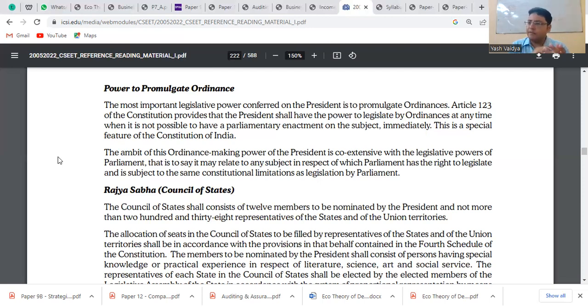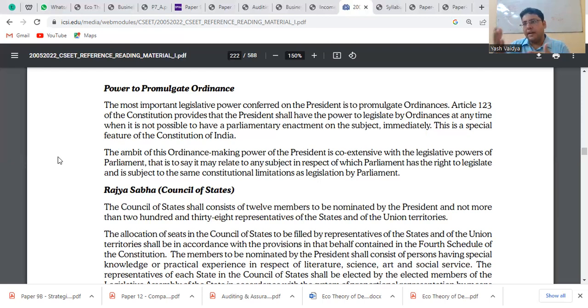So what will the President do? He will sign the ordinance, and that process of signing the ordinance is called promulgation of the ordinance. So he will proclaim the ordinance, and that ordinance will become law. But you have to understand one thing here. This is just a temporary machinery, because that law has not yet been passed by the Parliament.